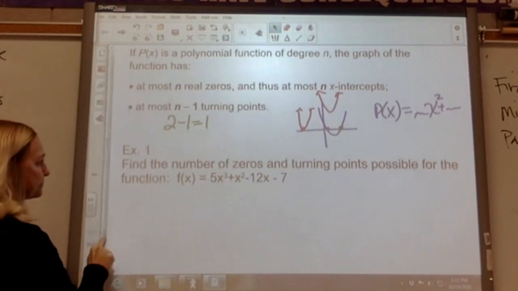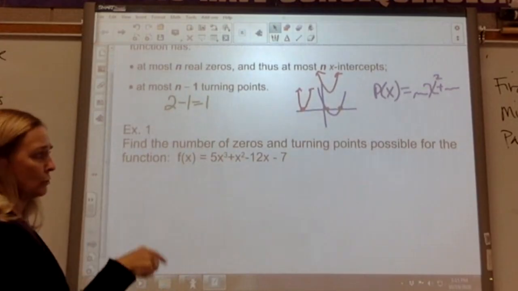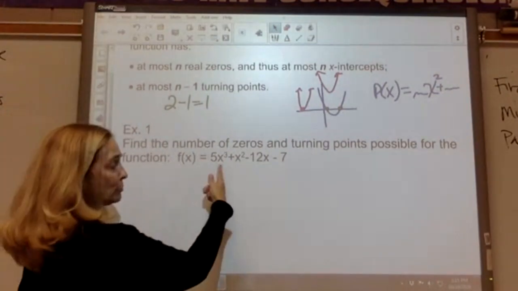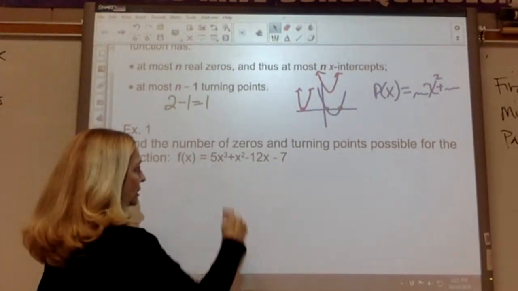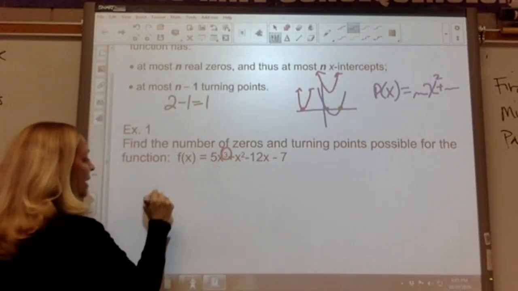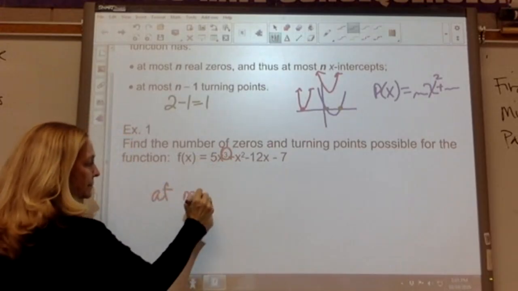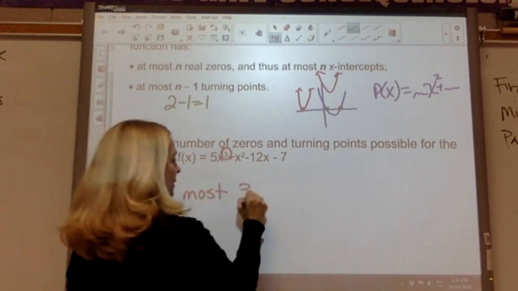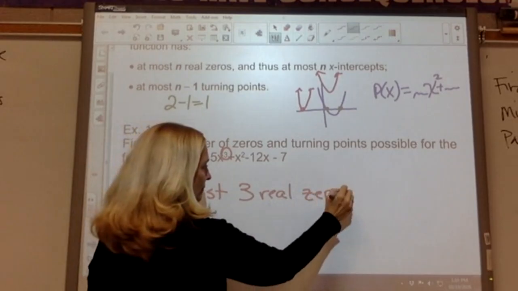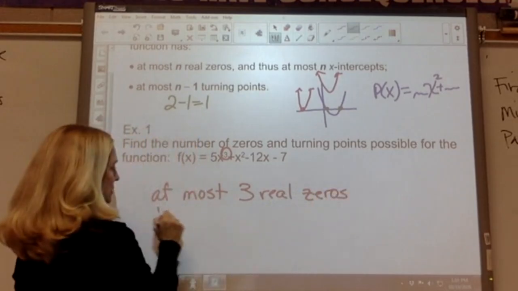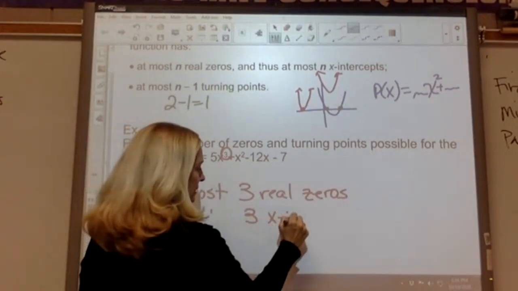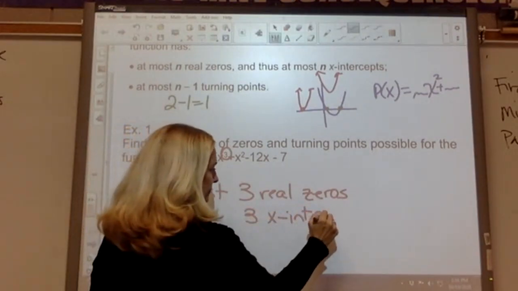This says, find the number of zeros and turning points possible for this function. This is a cubic function, so the degree is 3. That means we have at most 3 real zeros, and that means at most 3 x-intercepts.